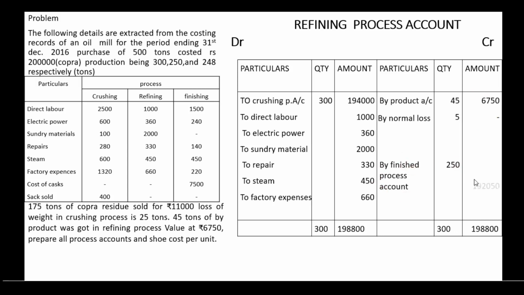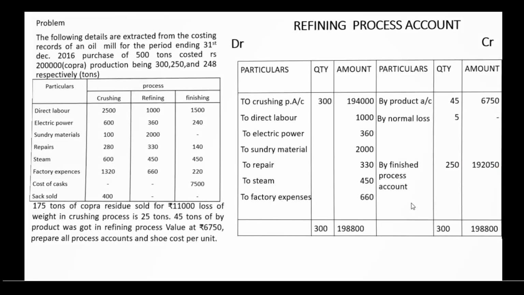That balanced amount is rupees 1,92,050. The total is 1,98,800, and from this amount we have to subtract the byproduct amount. The balanced amount that comes after subtracting, we have to transfer to the finished process account, that is the 1,92,050. So this is the refining process account.